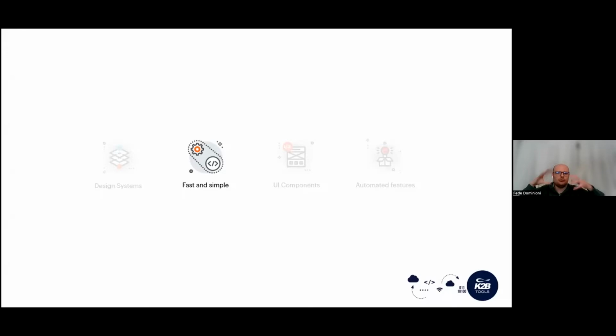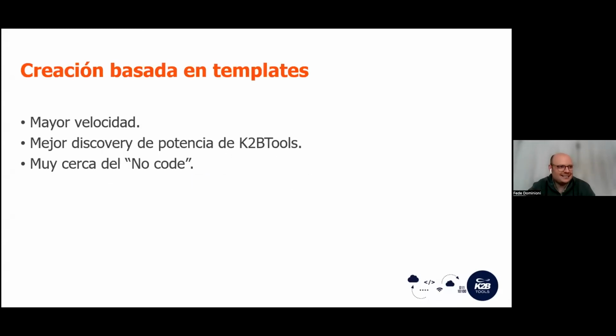In K2BTools, we have a lot of functionalities, a lot of things that are automated in terms of, for example, properties. And what we wanted to do was infer how you want to make your panels and give you possibilities at a higher level so that it's faster and easier to build your applications.